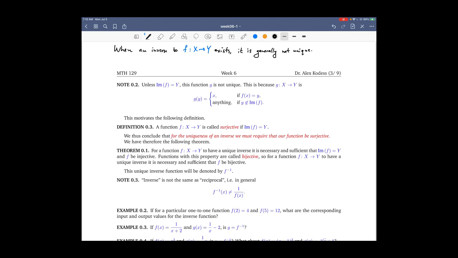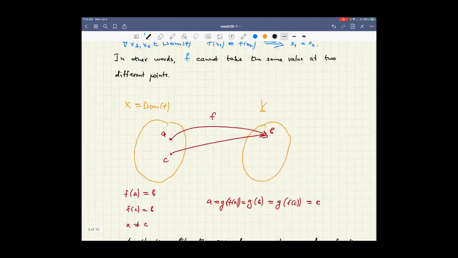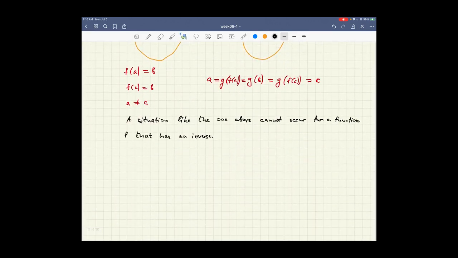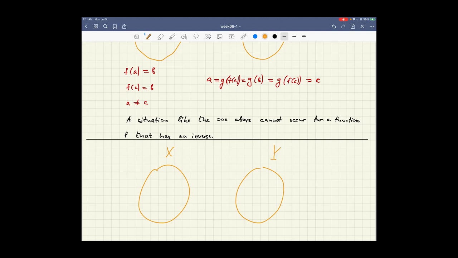Consider a function f from x to y with the following property: the image of function f is a proper subset, so it's strictly smaller than the codomain y.